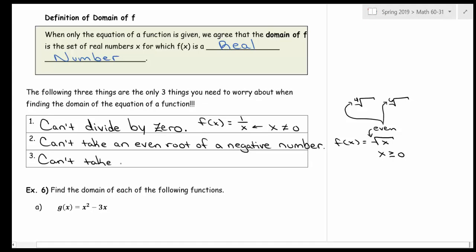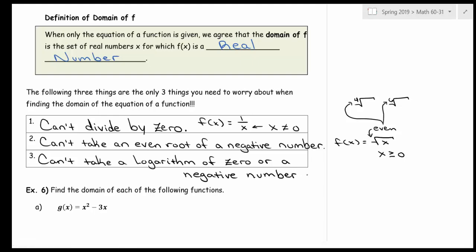The third case, you can't take a logarithm of 0 or a negative number. This doesn't always happen in all classes.